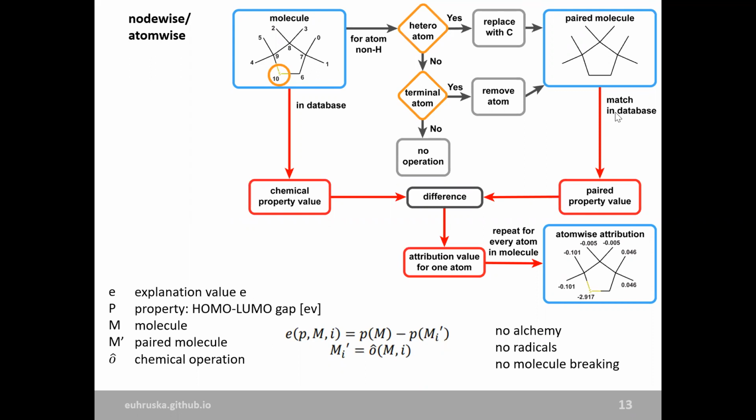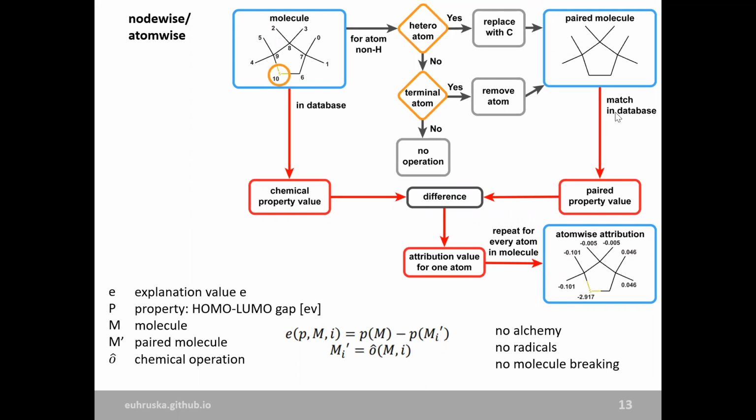An interesting part here, what I found, is that the property and the attribution value have a unit. Here I was looking at the HOMO-LUMO gap, a typical representative chemical property, and its units are electron volts. The attribution also has these units because it's just a difference between the properties of these two paired molecules.